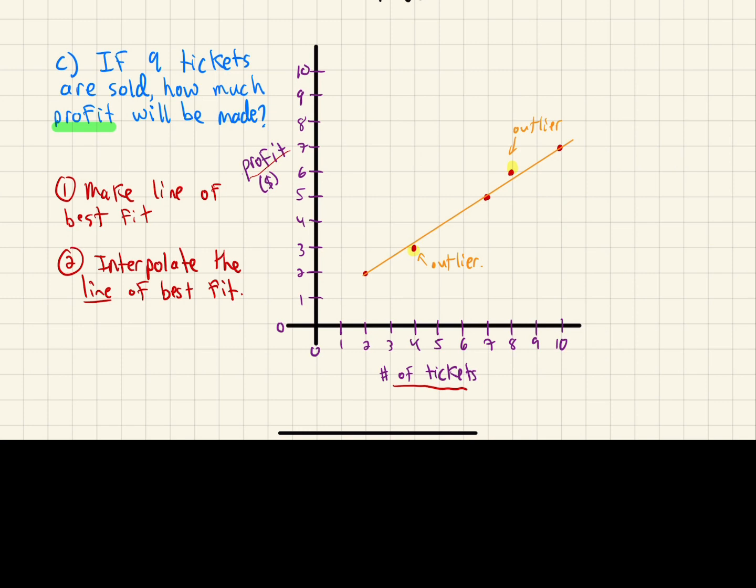The next thing we're going to do is interpolate the line of best fit, which is to make the Cartesian plane. Now the question is asking about 9 tickets. So we're going to go to 9 tickets over here on the x-axis, and make a dotted straight line until we hit the line of best fit that we're going to work with.